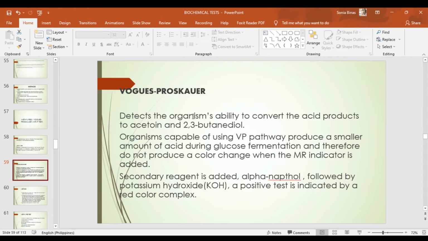So secondary reagent is added, alpha-naphthol, followed by potassium hydroxide. A positive test is indicated by a red color complex. So the VP detects the organism's ability to convert the acid products to acetone and 2,3-butanediol.